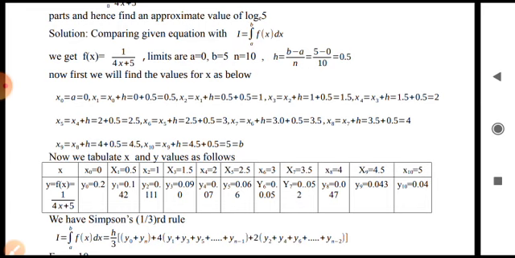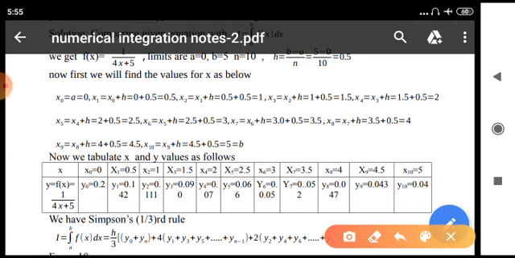First we start with x0. x0 is equal to a, which is 0, and we know that x1 is x0 plus h, so it will be 0 plus 0.5, which is 0.5. x2 is x1 plus h, 0.5 plus 0.5, 1. x3 is x2 plus h, that is 1 plus 0.5, 1.5. x4 is x3 plus h, which is 1.5 plus 0.5, 2. x5 will be 2 plus 0.5, 2.5. Similarly, x6, 2.5 plus 0.5, 3.